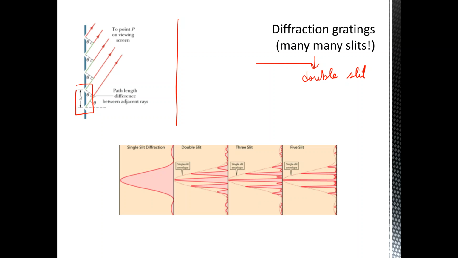So you can say that d sine theta equals m lambda for constructive interference, and d sine theta equals (m minus half) lambda for destructive. Very similar to double slit.